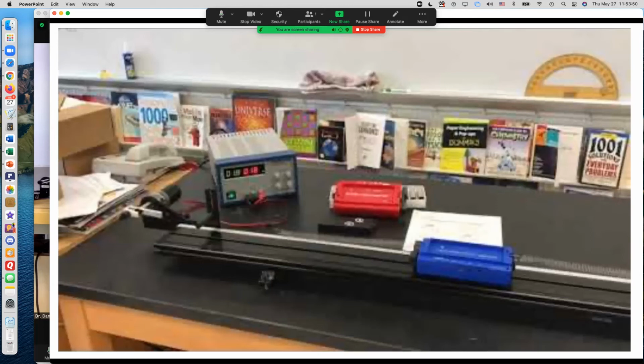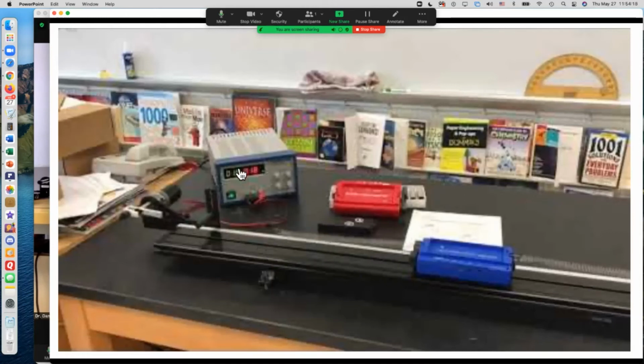Now, this is a video of the same setup I've been showing you live. And what I do is I have this device down here, which is pulling periodically on a string, which is connected to one of the springs. So that's putting a periodic driving force into this system.